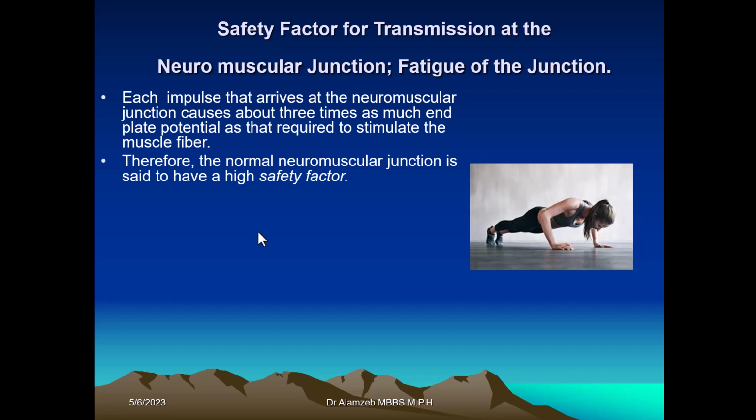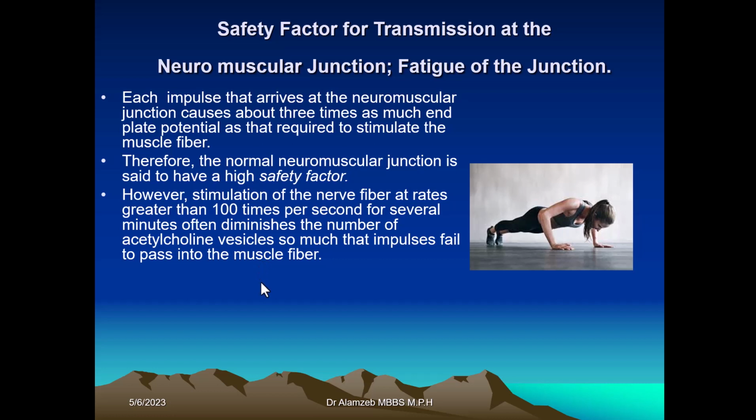Therefore, the normal neuromuscular junction is said to have a high safety factor. In case of any abnormality, this can save the muscle from easy fatigue.